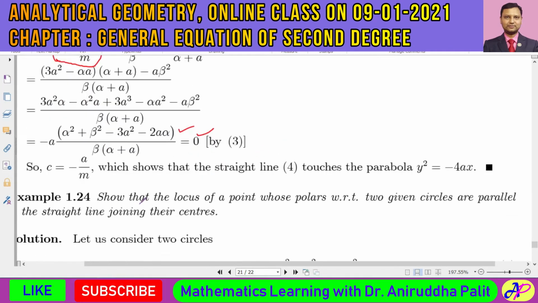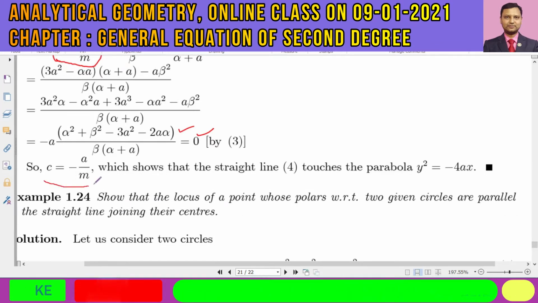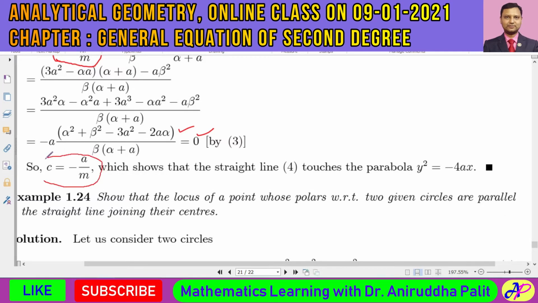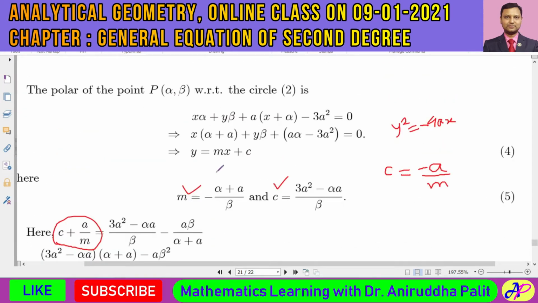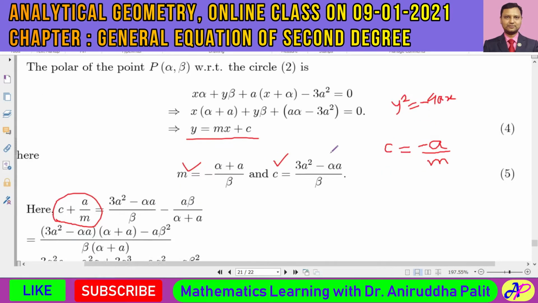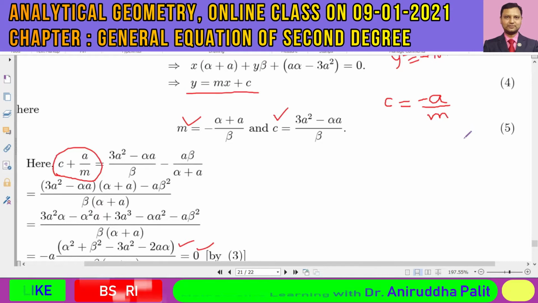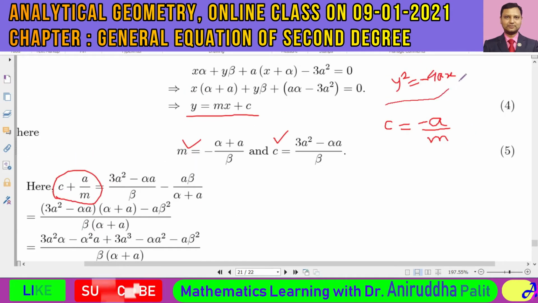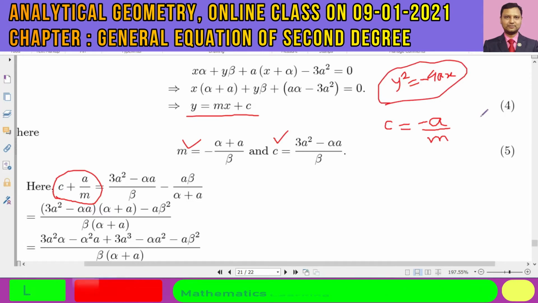That means we can now say that c is equal to minus a by m. This condition is satisfied. And because it is satisfied, we can say that this equation y is equal to mx plus c will touch the parabola y square is equal to minus 4ax. Got it?